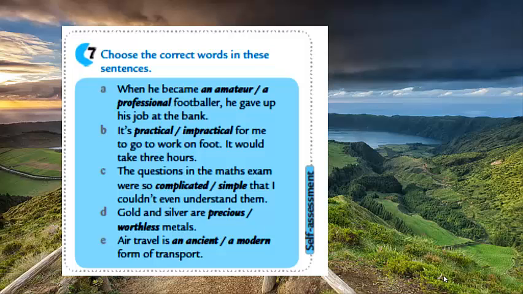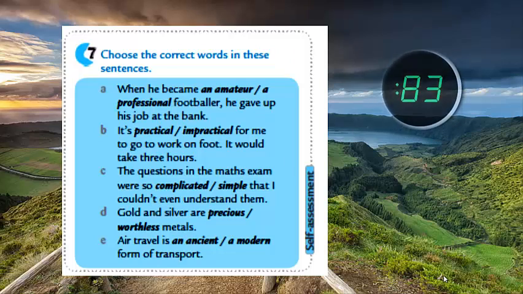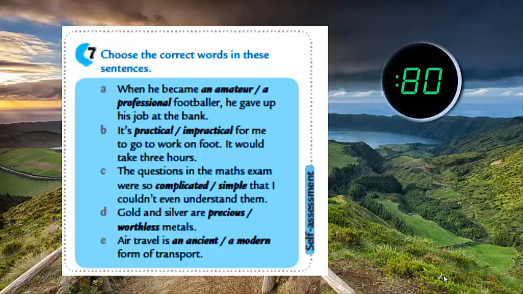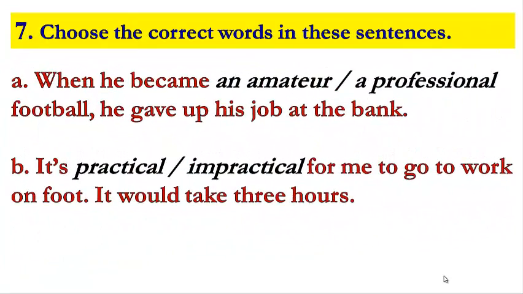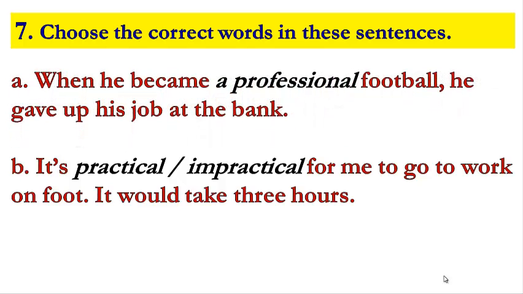Exercise number 7. Choose the correct words in these sentences. You have 1 minute. Try to choose the word that's appropriate to the sentence. Let's check the answers. When he became a professional football player, he gave up his job at the bank.